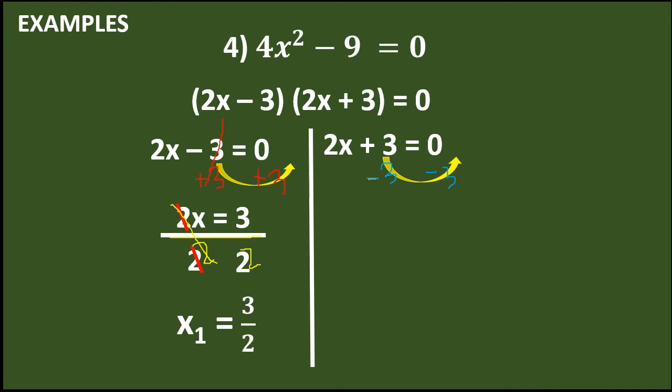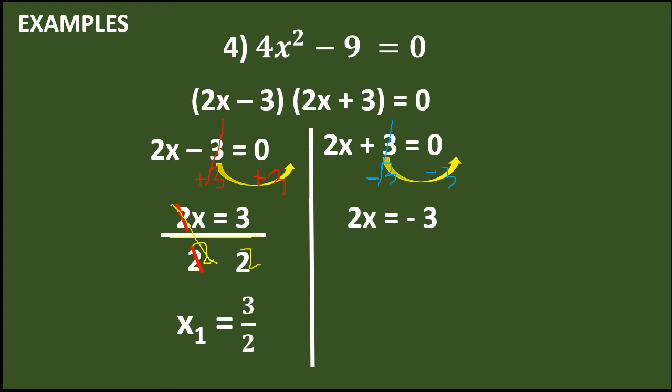We can cancel this because 3 minus 3 equals 0. Bring down 2x. 0 minus 3 is negative 3. So the equation will become 2x equals negative 3.